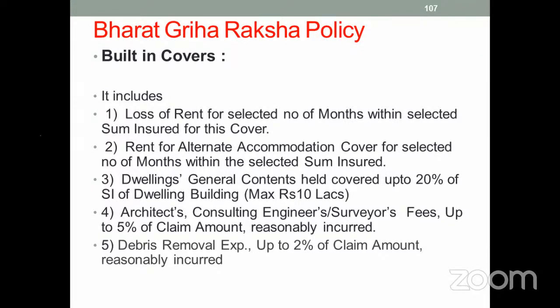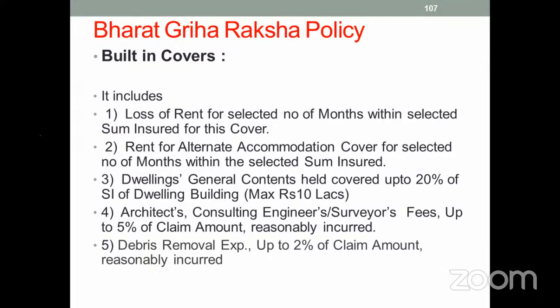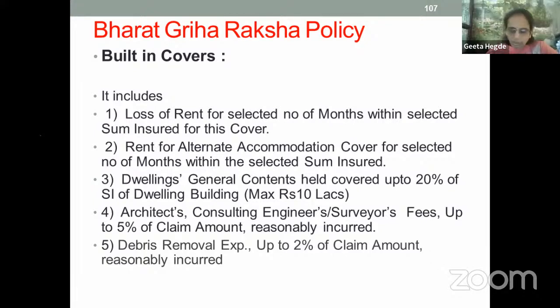It is inbuilt here because it has been given under this policy. For rent for alternate accommodation cover also, you have to select the number of months within the selected sum insured. Whether the company charges extra premium depends on the rate, company to company.